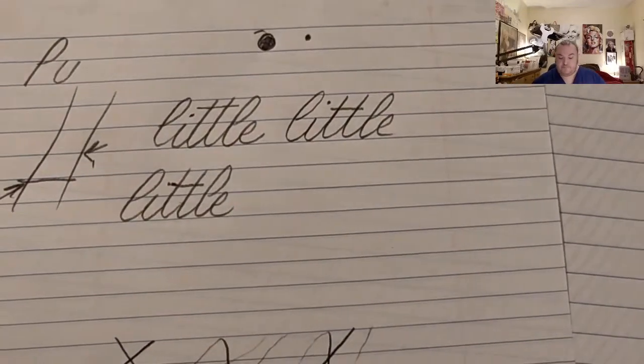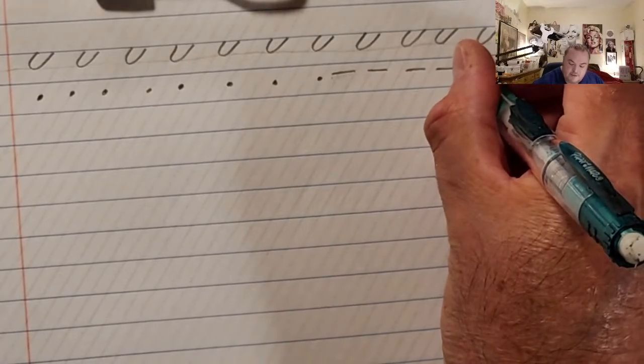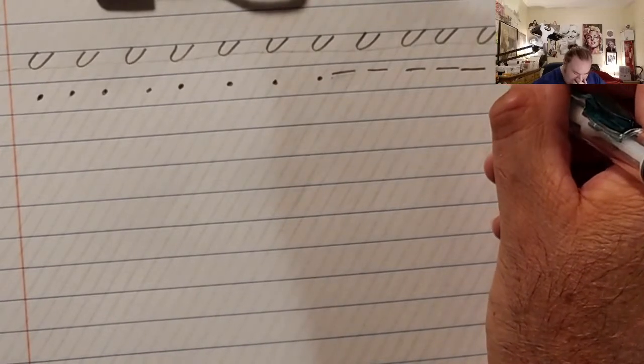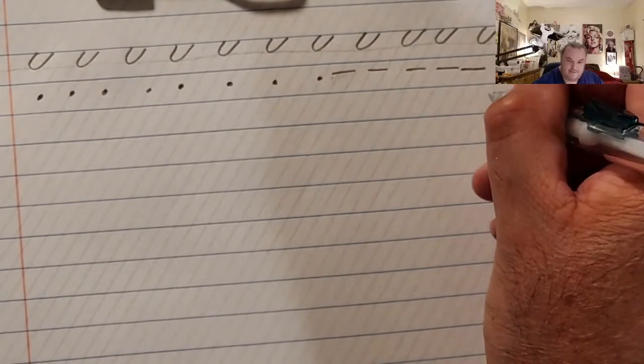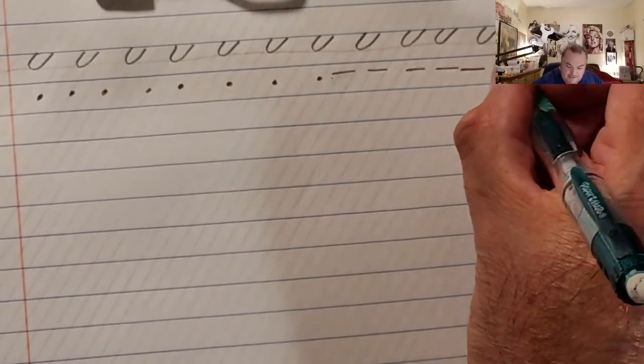So this will be very relevant when we start doing connecting of words. But generally, the cross goes about 9/10 of the way to the second ascending line.